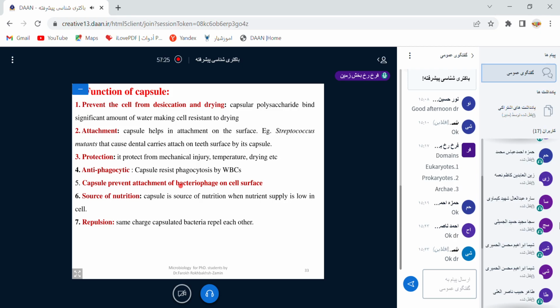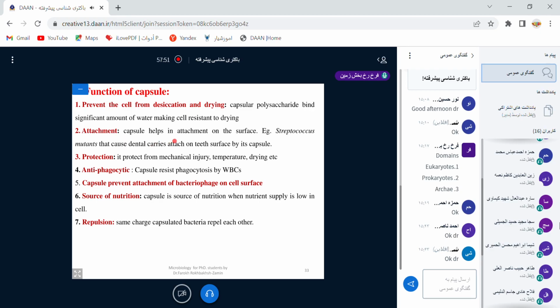Functions of capsule. 1. Prevent the cell from desiccation and drying. The capsule, or polysaccharide, binds a significant amount of water, making the cell resistant to drying. Number 2. Attachment.